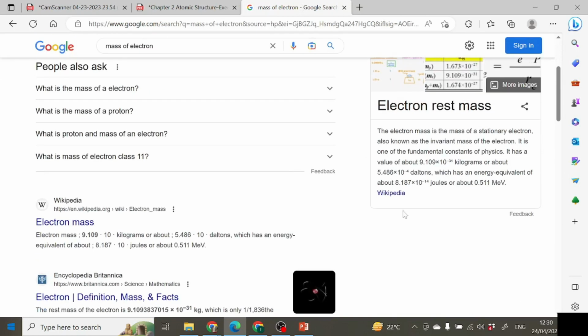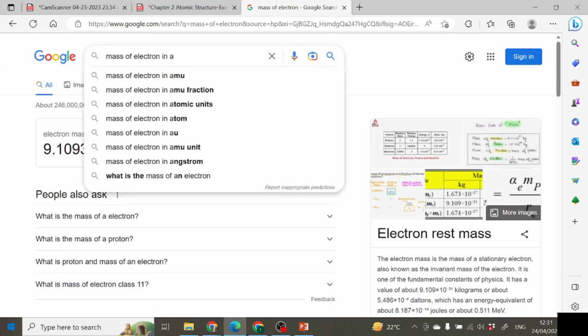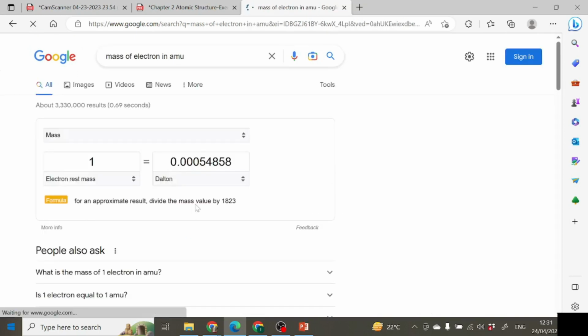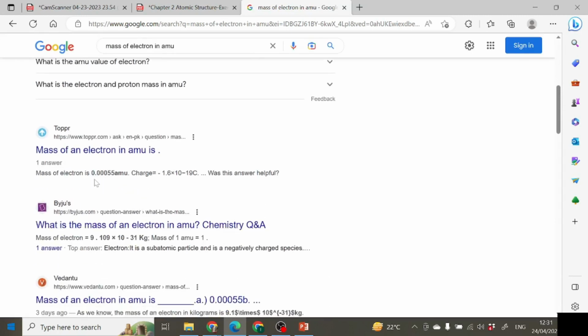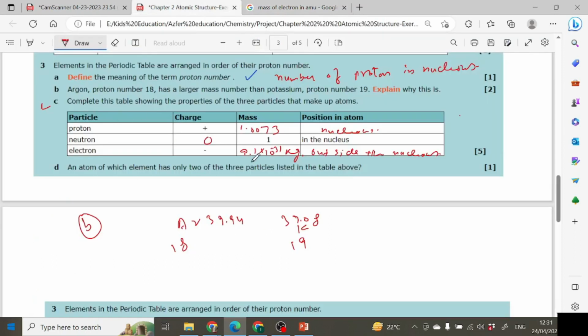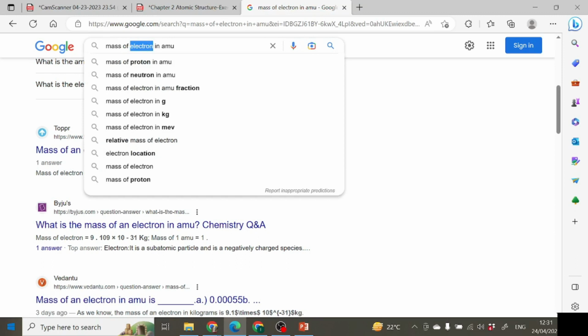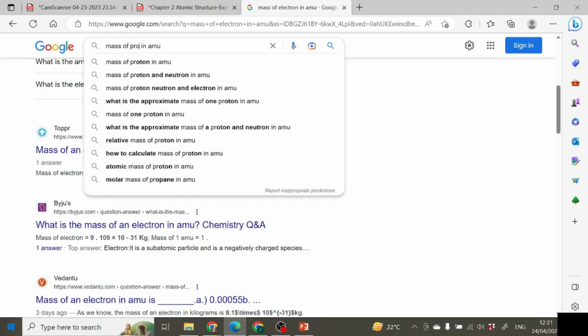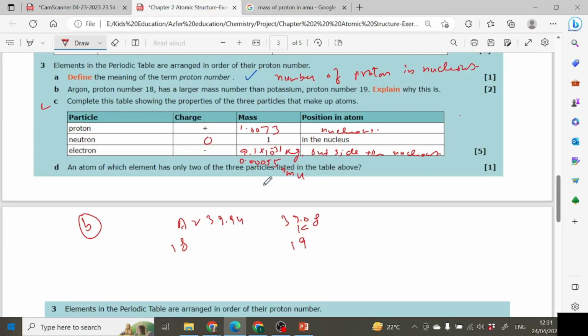Or in AMU, atomic mass unit, the mass of electron is 0.000555 AMU, and mass of proton in AMU is 1.007276.